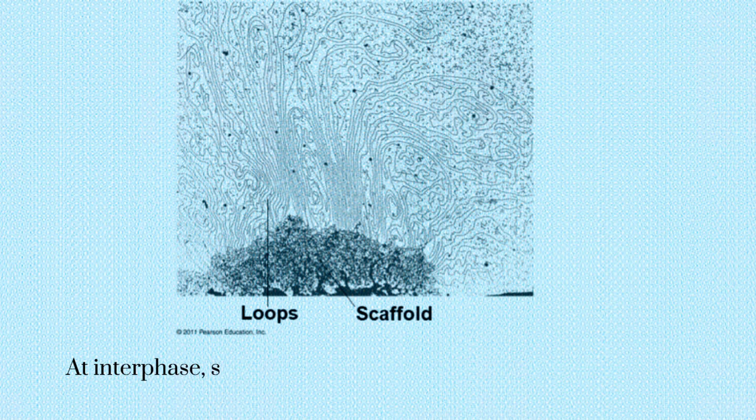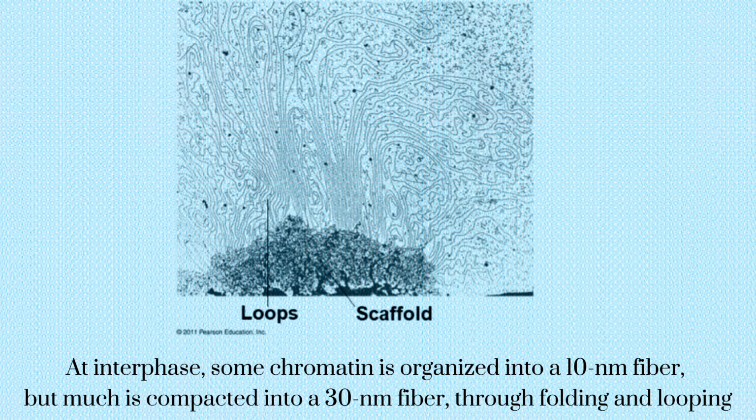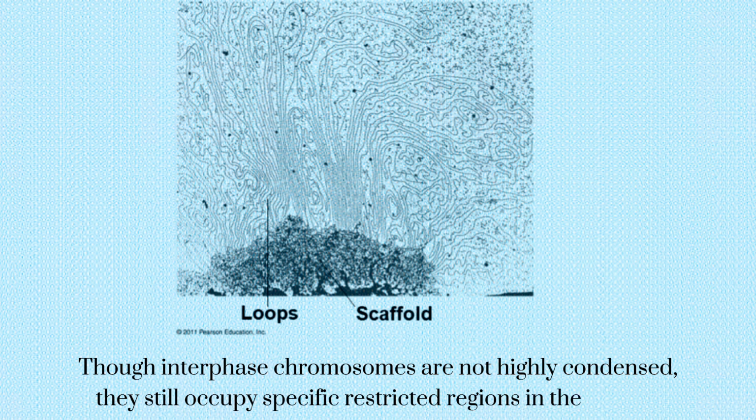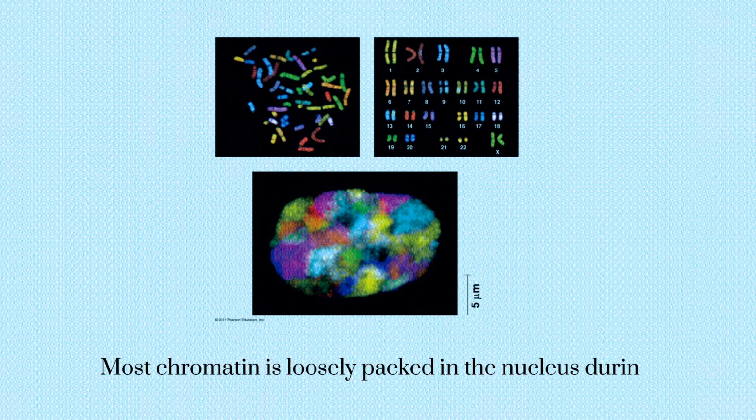In interphase, some chromatin is organized into a 10 nanometer fiber, but much is compacted into a 30 nanometer fiber through folding and looping. Though interphase chromosomes are not highly condensed, they still occupy specific restricted regions in the nucleus. Most chromatin is loosely packed in the nucleus during interphase and condenses prior to mitosis.